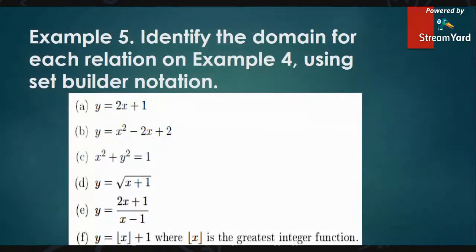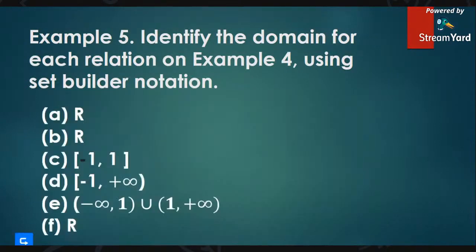Kasi, x squared plus y squared equals 1. Kung i-equate natin sa 0, di ba kanina ang sagot natin ay y equals negative 1 at 1. Dun kinuha yung ating magiging values, hindi pala values ni y, kundi values ng domain. Next, negative 1 to positive infinity.